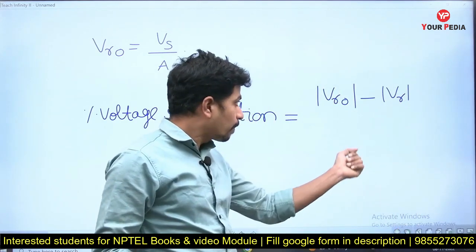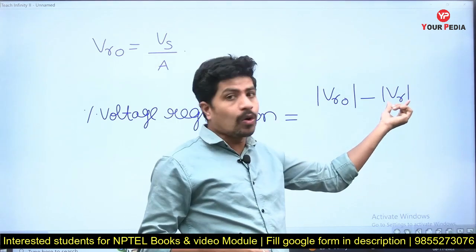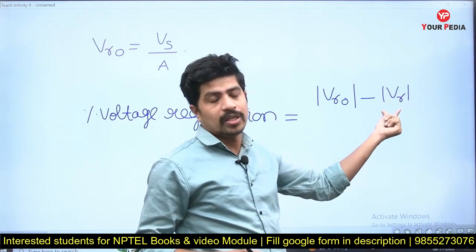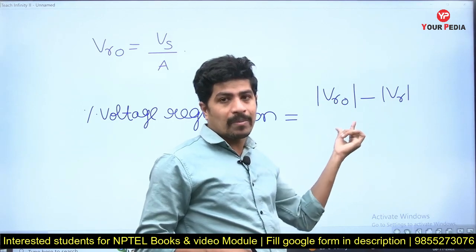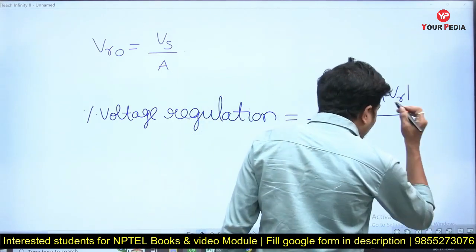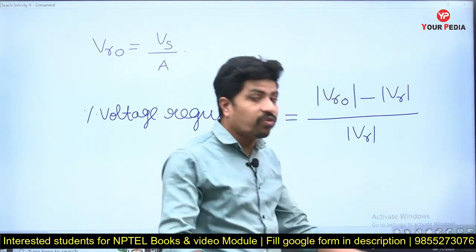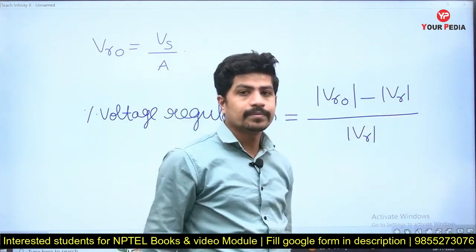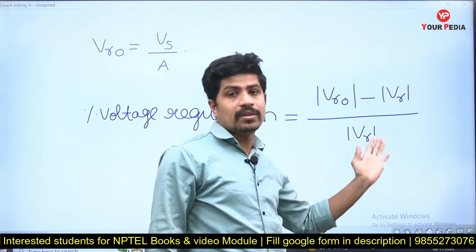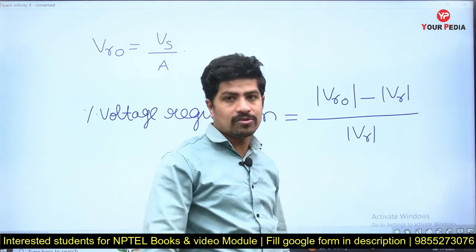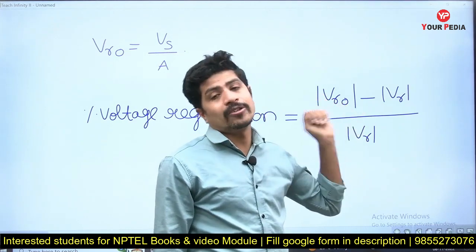This is a change: the voltage is changing from VR to VR naught, where VR is the full load receiving end voltage. The change from no load to full load is mod VR naught minus mod VR, but I want it as a percentage of full load voltage, that is, how much percentage of full load voltage it is rising. That's why we are taking mod VR here. In some interviews they will ask you to explain this voltage regulation formula, and they will ask many cross questions, like: you are taking the magnitude of voltage or the total voltage, only magnitude?